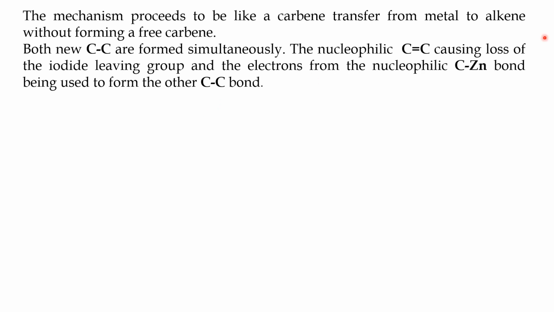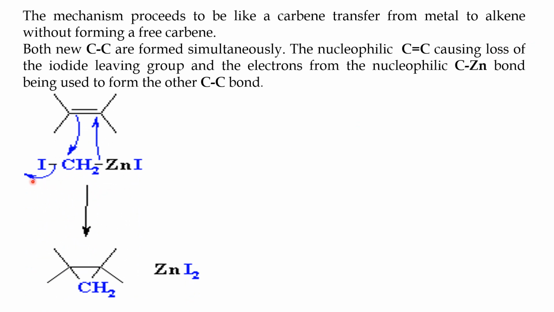Check here. This is the carbenoid intermediate. Simultaneously, this bond is attacking this particular carbon atom, and the electrons are attacking this carbon atom. So iodine is leaving here, and the metal zinc is donating the bond pair of electrons between carbon and zinc to this carbon atom.